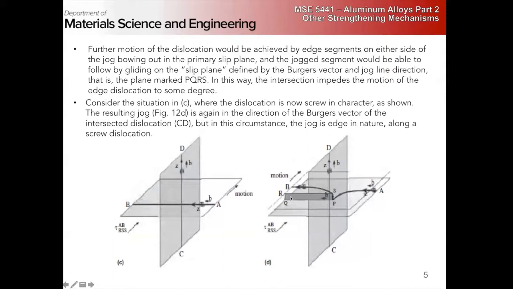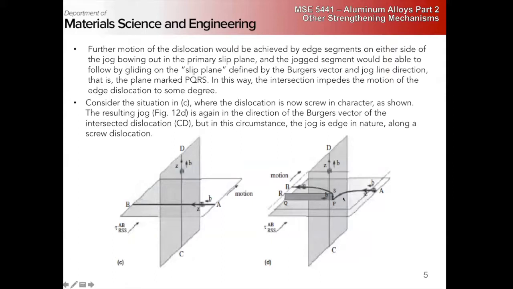It's still different because we have sections that are moving on different slip planes. Kinks are in the plane. Jogs change dislocation line length out of your slip plane.